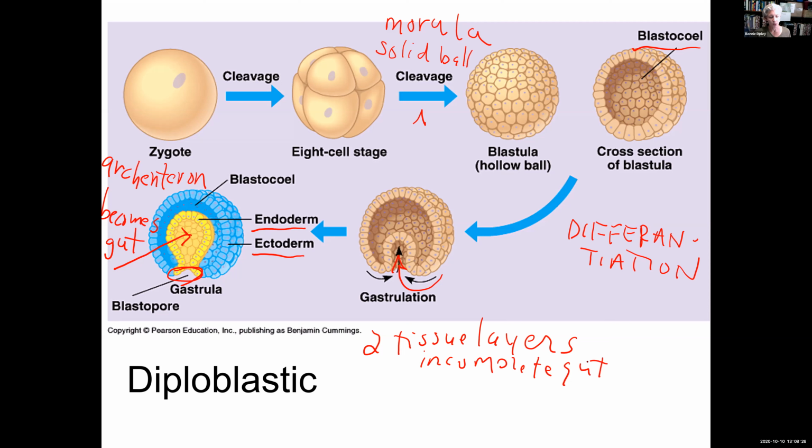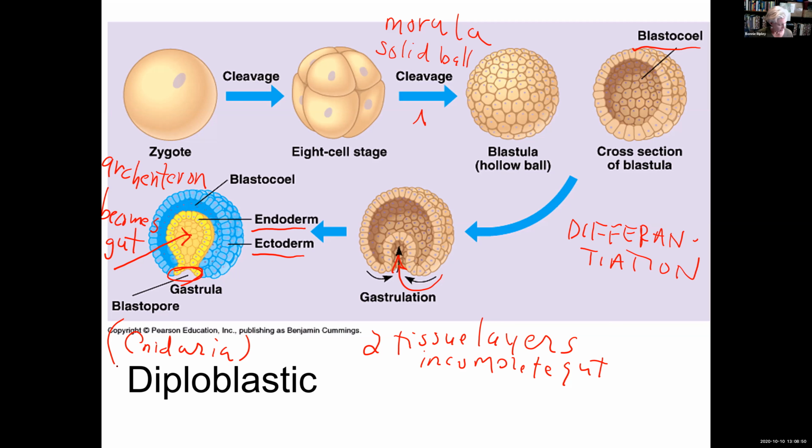And our example of an organism that has development that looks like this, and then it stops, continuing on these processes and just starts to grow into an adult, is going to be cnidaria. So cnidaria is our phylum that is diploblastic with an incomplete gut. All right, so that's a little review.